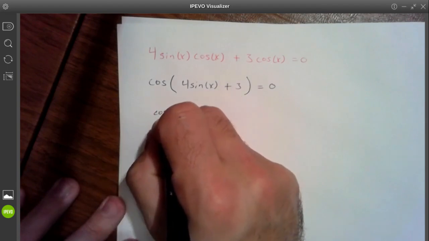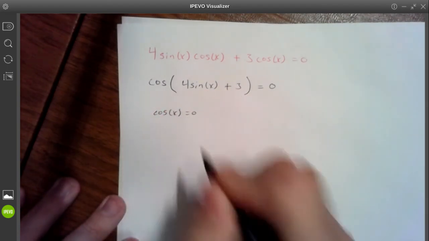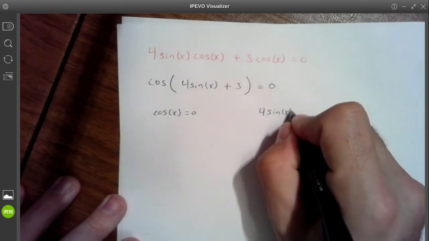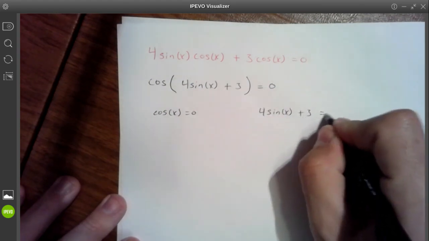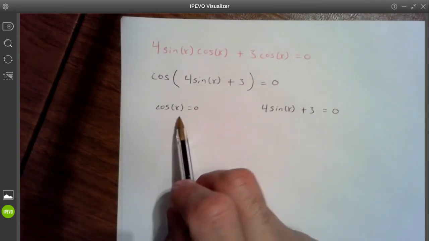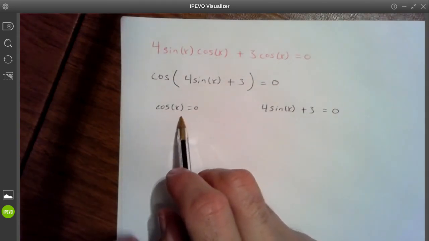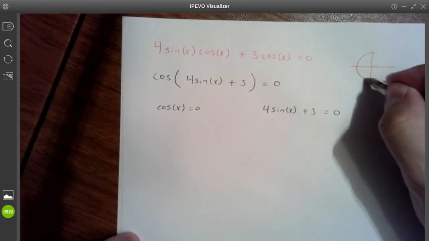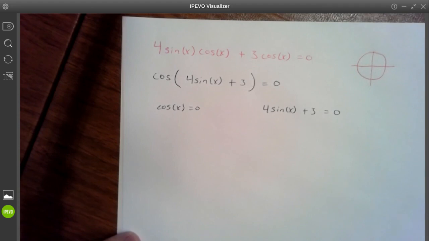So we'll say cosine of x is equal to 0, and we'll say 4 sine of x plus 3 is equal to 0. This one's special. We know exactly how to solve this. You want the two positions on the unit circle where cosine is equal to 0.